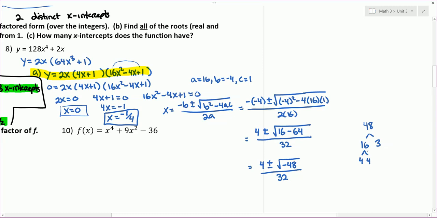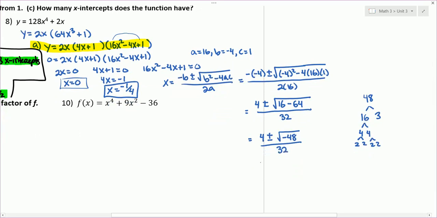And if you want to keep going, you can. You can do, say, 4 is 2 times 2, and 4 is 2 times 2. So this is 4 plus or minus i square root of 2 to the 4th power times 3. And the square root of 2 to the 4th power is going to be 2 to the 2nd power. Don't forget all this is over 32.